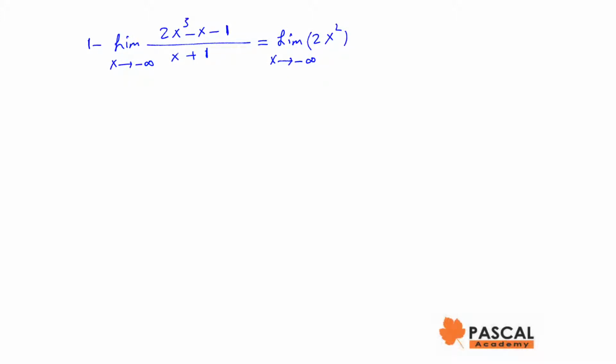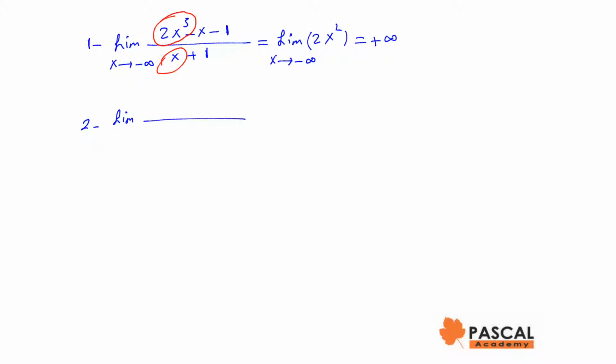Notice that 2x^3 is dominant term of the numerator and x is the dominant term of the denominator. When we reduce it, we have 2x^2. When x approaches negative infinity, 2x^2 approaches positive infinity. Therefore, the given limit is positive infinity.